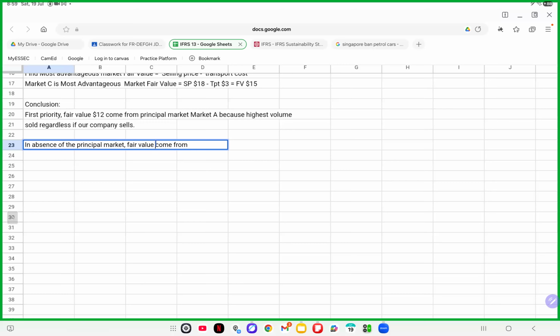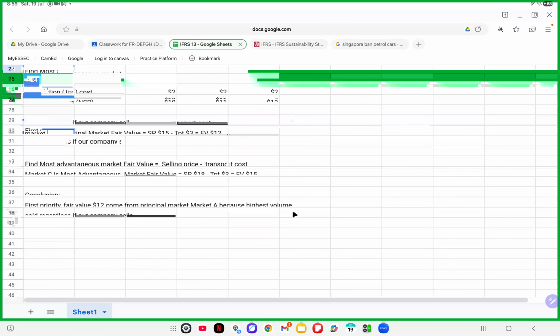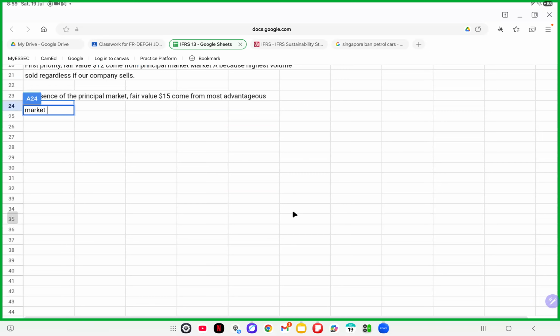Fair value of $15 shall come from the most advantageous market, which is market C. All right? Why?